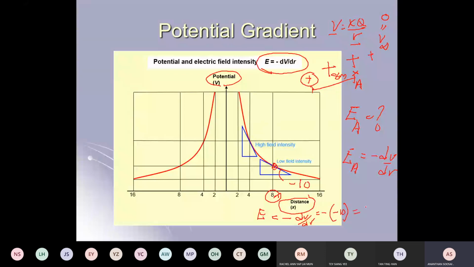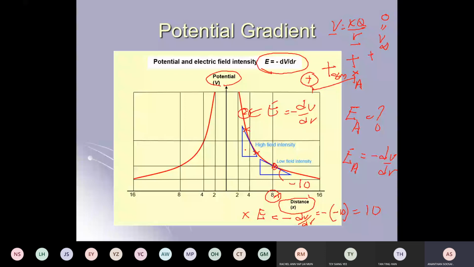So the electric field strength at that point is 10. From the potential V versus r graph, you find the gradient at every point. If you want to know the electric field at a point, just find the gradient dV/dr, then take the negative, and that's your electric field strength.